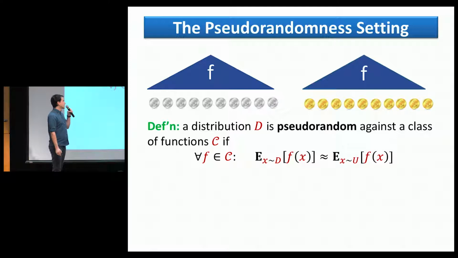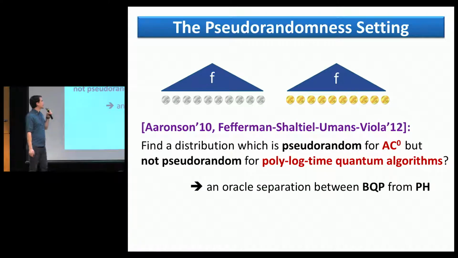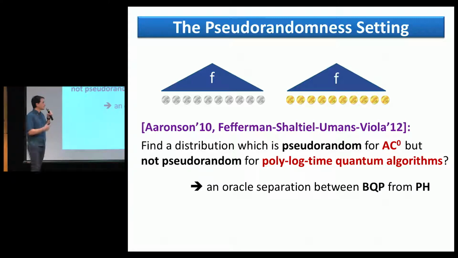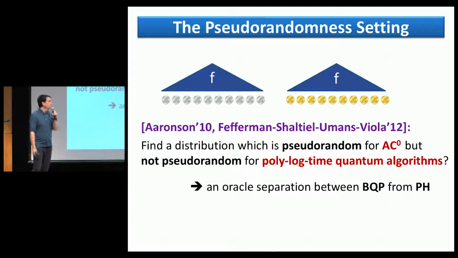So what is the connection to the pseudorandom setting? This was established in the work of Scott 9 years ago, and then later extended in the work of Pfefferman et al. Both of them posed this challenge and also gave candidates for it. They posed the following challenge in pseudorandomness. Can you find a distribution which looks random to AC0 circuits?